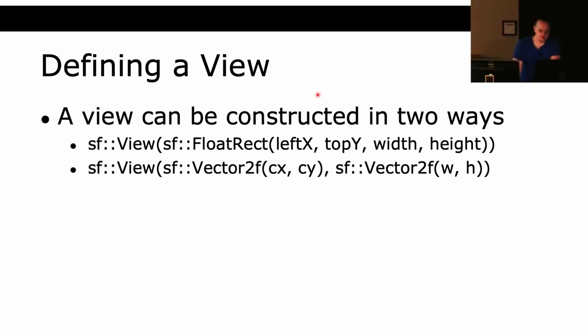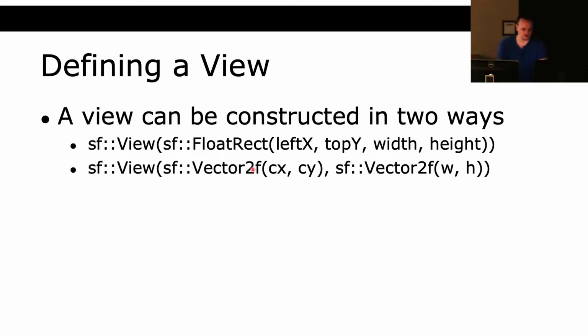So a view can be constructed in 2 different ways. The first way up here is we define a rectangle. And that rectangle has the top left X and the top left Y and the width and the height. Or we could specify those with 2 different vectors. The second way is actually different from the first way.